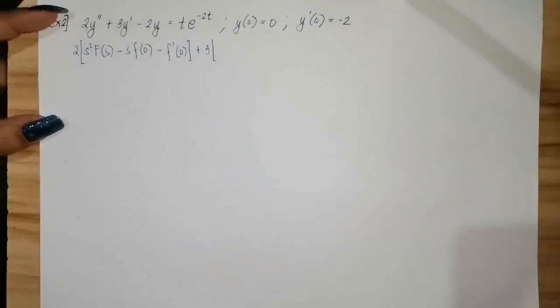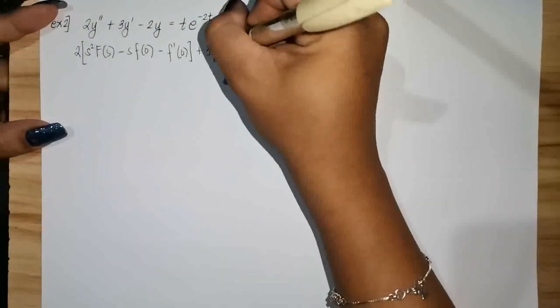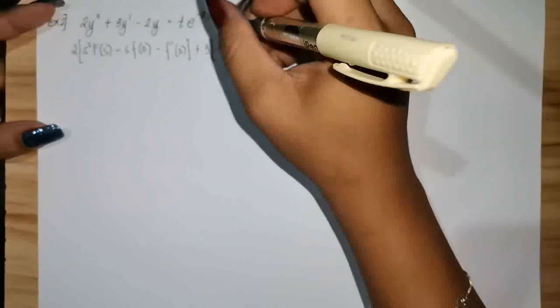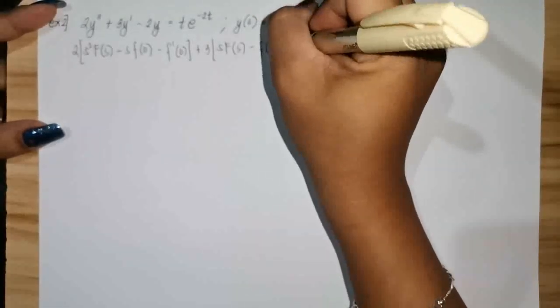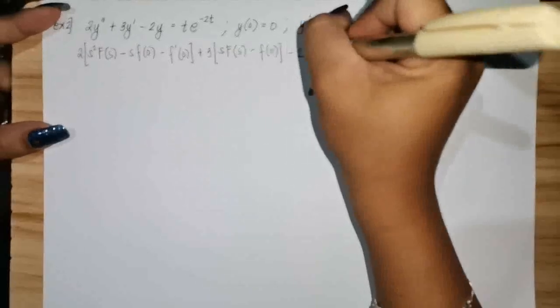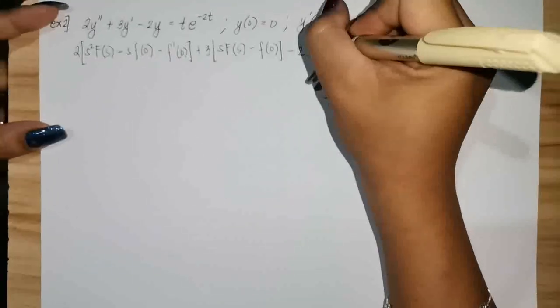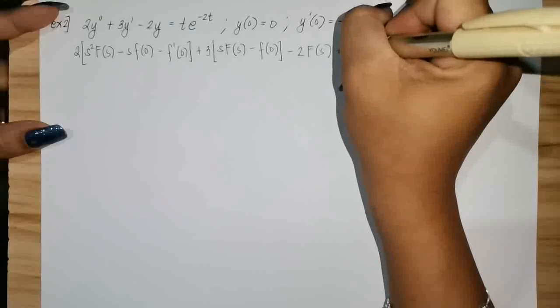The Laplace transform of the first derivative is s, then f of s minus f of 0 minus 2. Then the Laplace transform of y is simply f of s.